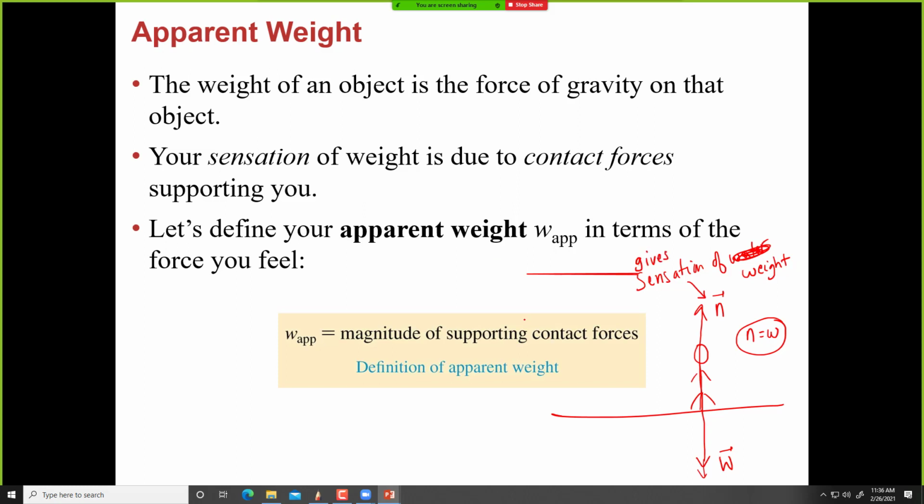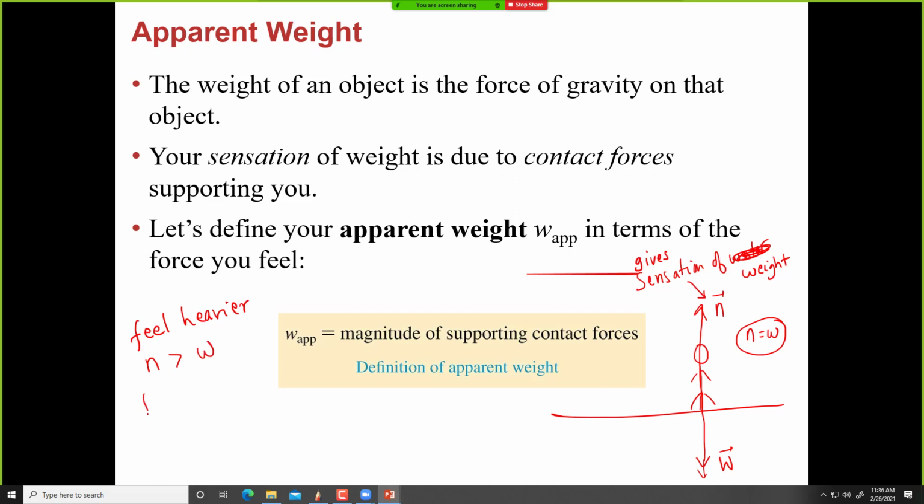So that means if the floor or surface provides higher normal force than our actual weight, then we'll feel heavier. We'll feel heavier when the force of the surface is greater than our actual weight.